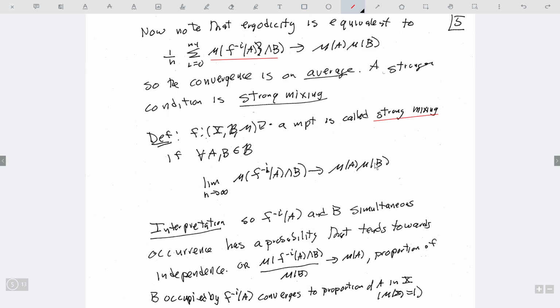Another way of thinking about this is to divide by the measure of B. Then that's a constant, so this limit then goes to the measure of A. So this is the proportion of B occupied by f inverse to the minus I of A. And that proportion of B converges to the proportion of A in the entire space. So remember, since the entire space has measure 1, the mu of A is the same as the proportion of A in X in terms of measure. So that's mixing.